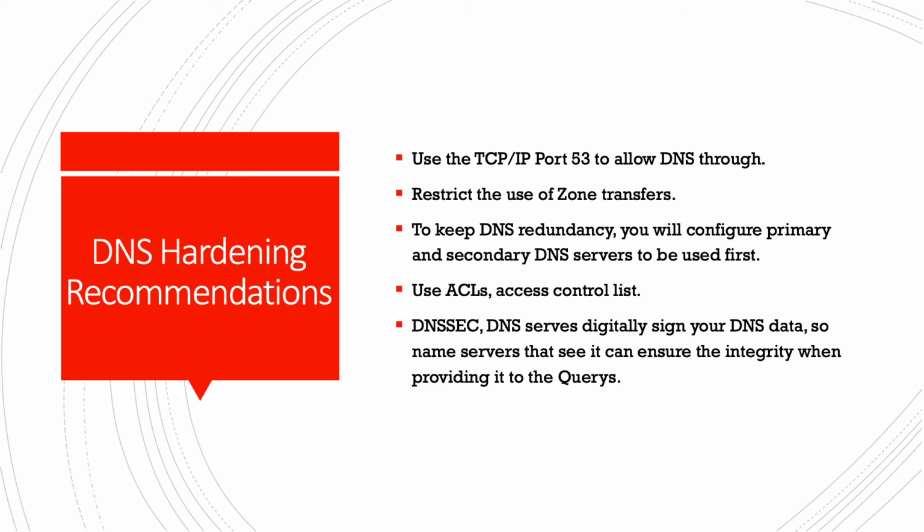Then there's the use of access control lists to control what it's assigned to and what resources it'll pick. And then the use of DNSSEC, which is basically the DNS server digitally signing your DNS data, so that when the name servers see it, it ensures its integrity and authenticates it by providing it to the query. So when it's looked up in the query, it'll be known to be authenticated.